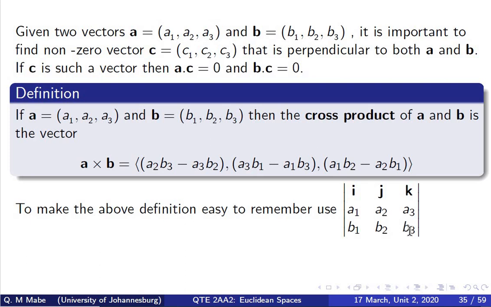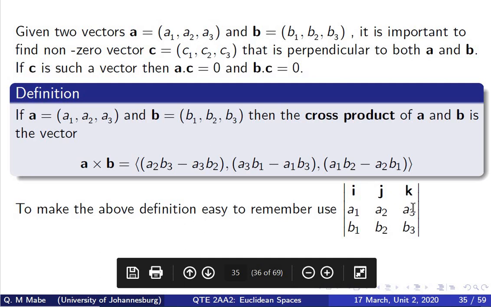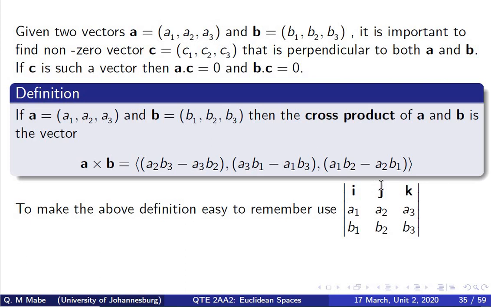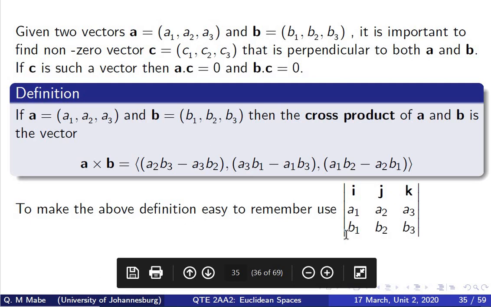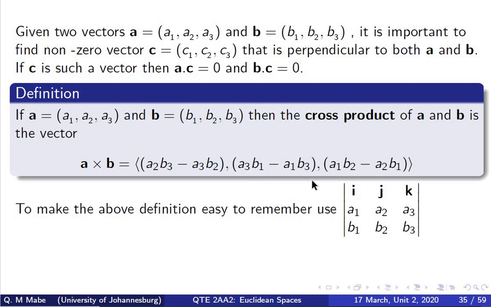I go a2 times b3, it's a2 b3 minus b2 a3, right? Then that's my first component. And then my signs should alternate, so I have minus j. With minus j, I block out the j column. It becomes a1 b3 minus b1 a3, right? So this is my second component.